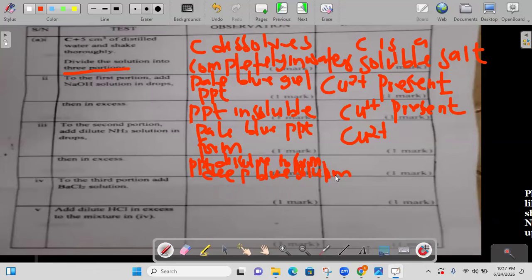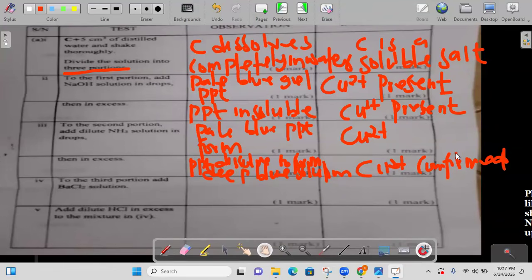You now see a very dark, deep blue solution. That's why you experiment. So what does that mean? It means that copper is confirmed. Copper 2 ion is confirmed. That's what it means.